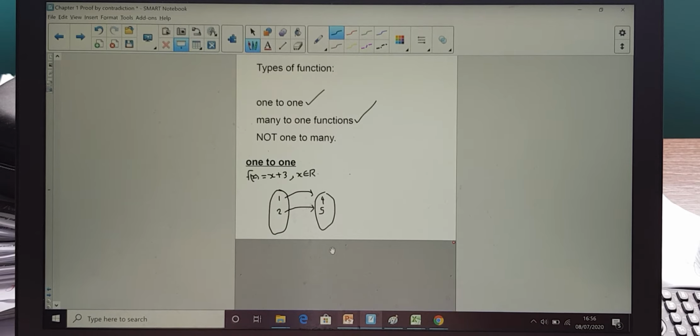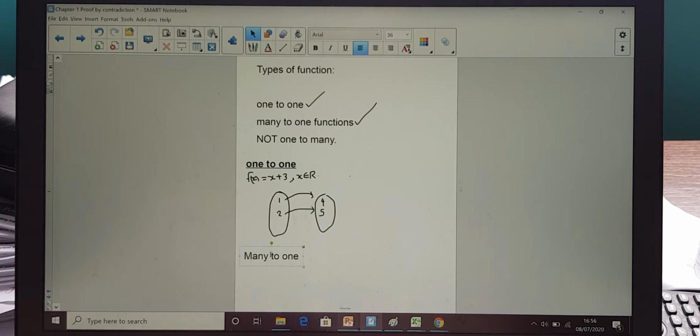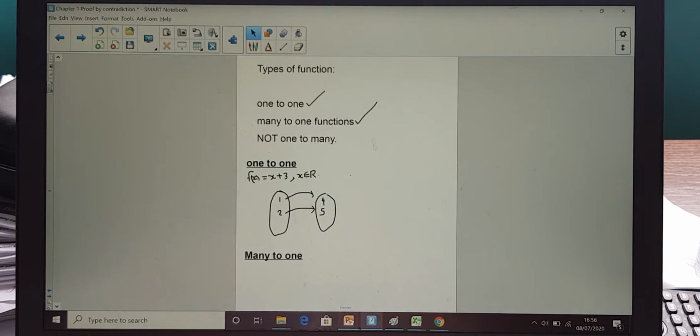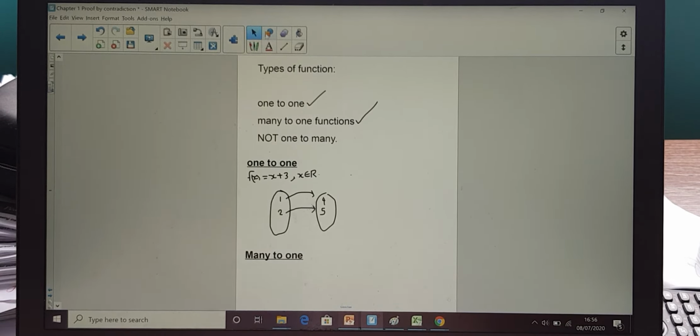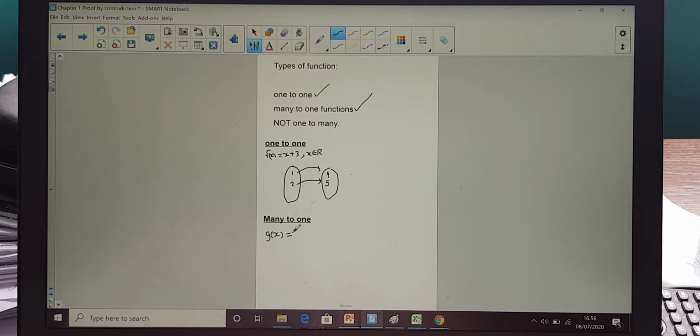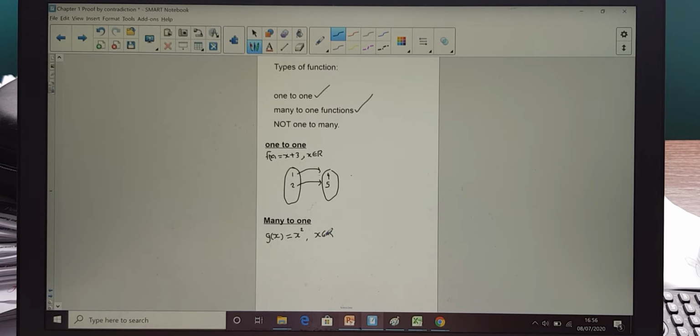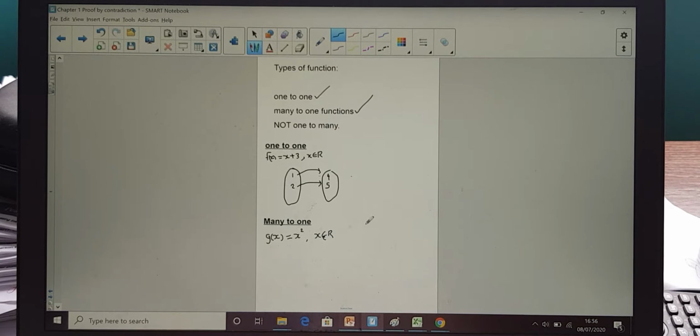Okay. An example of many to one would look like this. An obvious one is if I just said that the function was x squared, and I said for any real number, whether that be positive or negative, integer or not, doesn't matter.